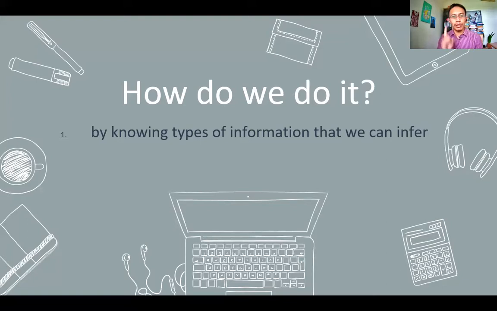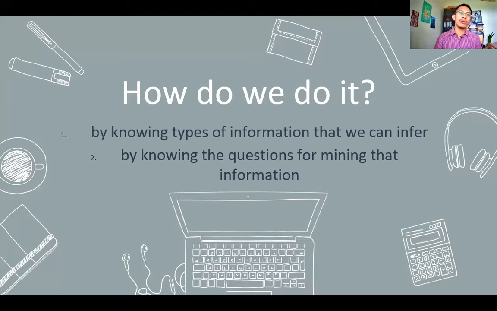So first of all, knowing the types of the information. The second one that we will do is you will need to know the kind of questions you will need to use to ask to gain this implicit meaning, to gain this information that is not explicit. So these two things are what you will be learning now. Well, today.